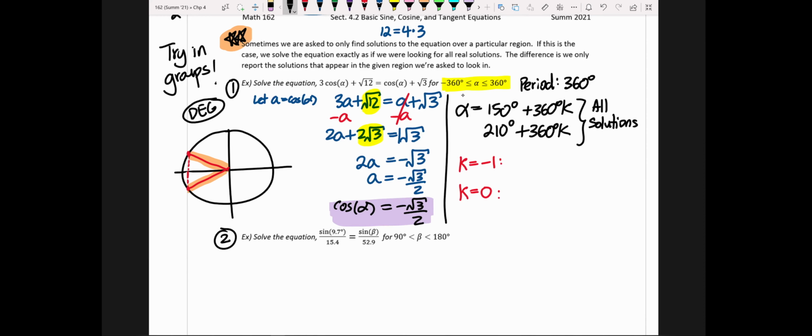So that's going to be negative 210 degrees and negative 150 degrees. When k is 0, our solutions are 150 and 210. Okay, so assigning the k values to be negative 1 and 0, we end up with the solutions in the specified interval. Alpha is, let's put it in order, negative 210 degrees, negative 150 degrees, positive 150 degrees, and positive 210 degrees.